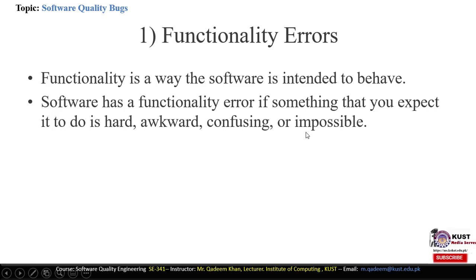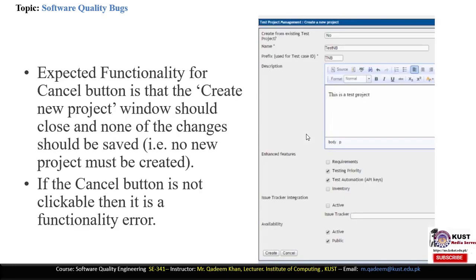Impossible means, for example, if we have an infinite loop, the software will keep running and no output will be created until the software crashes. These are different examples of functionality errors. Here we will provide you an example.